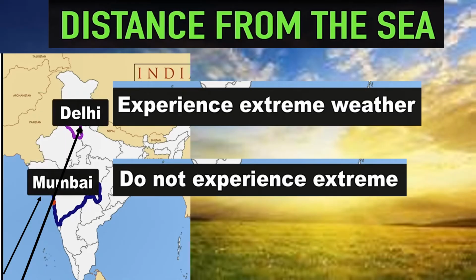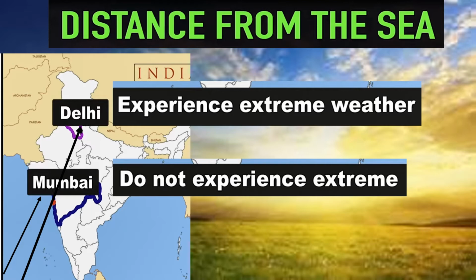The fourth point is distance from the sea. Like I mentioned in my previous slide, the wind moves from high pressure to low pressure. So if the wind is moving from ocean to land, it carries moisture. And obviously, the places in the coastal area receive a moderate type of climate, because this wind carries moisture and automatically brings in heavy rainfall.